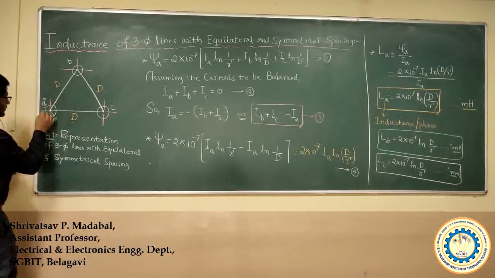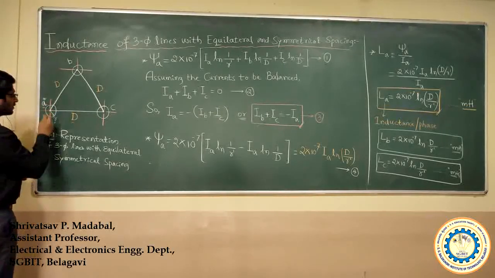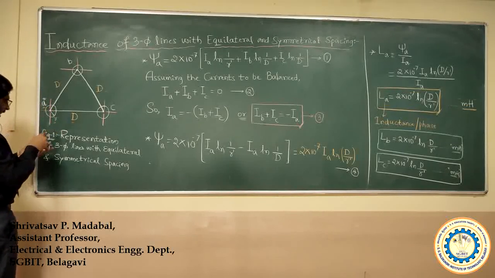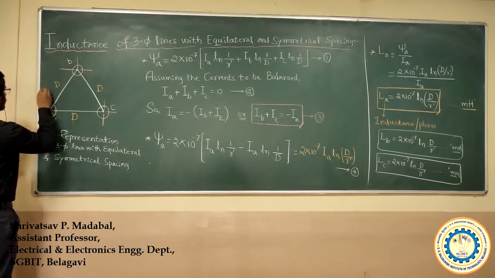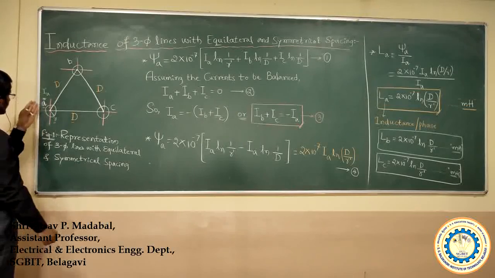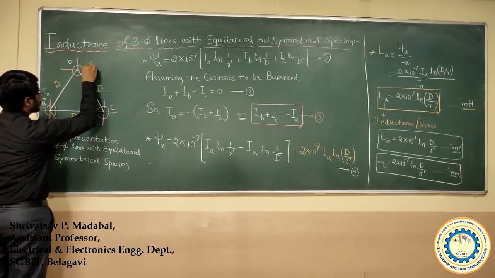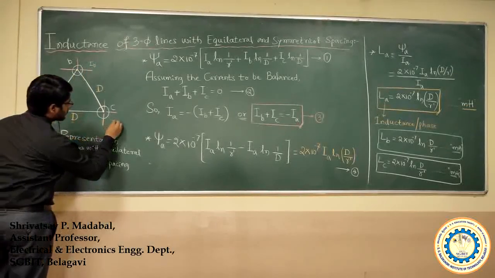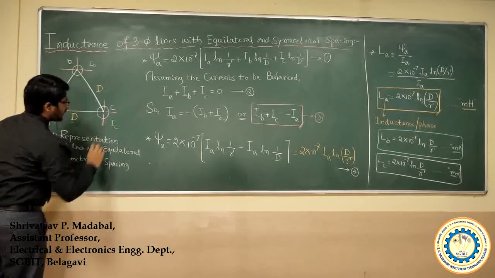The current which is flowing across conductor A, I can represent as IA. Similarly, the current across conductor B can be represented as IB, and the current across C can be represented as IC.